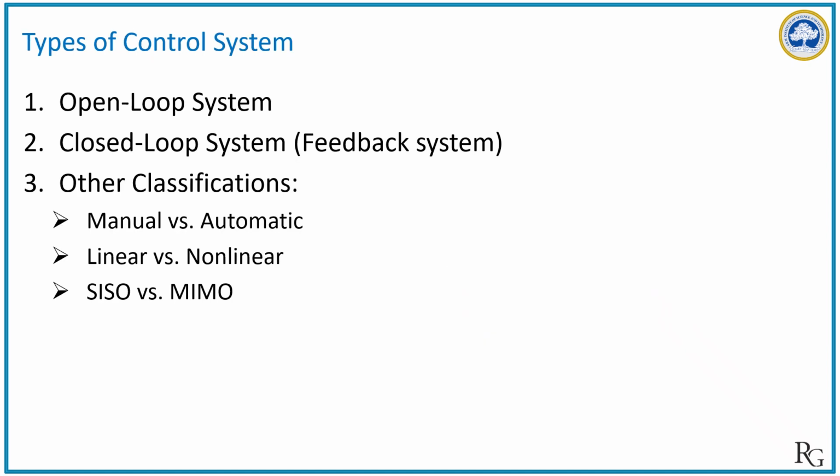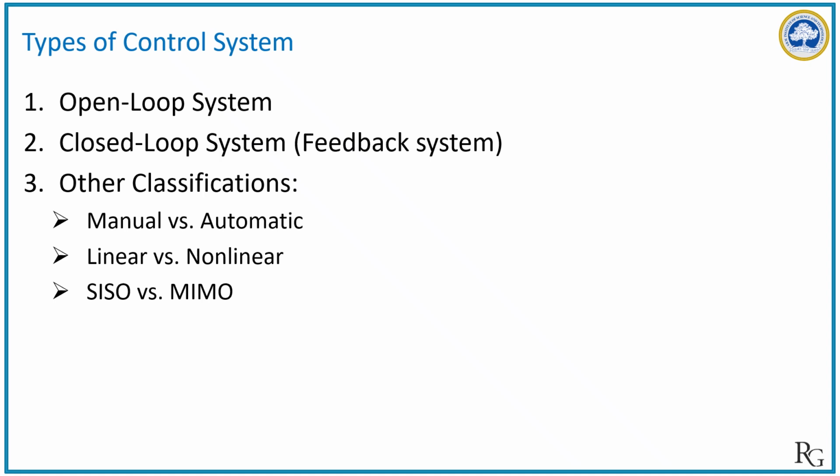The control system can be classified broadly into different types based on how they operate and interact with their environment. The most common classification, as we will focus on today, is open loop and closed loop system. So in open loop system, the output does not influence the input.